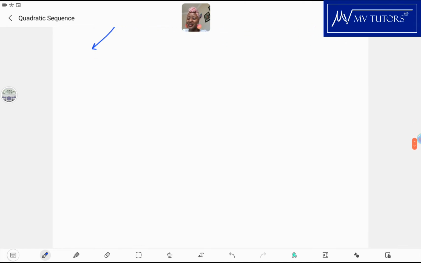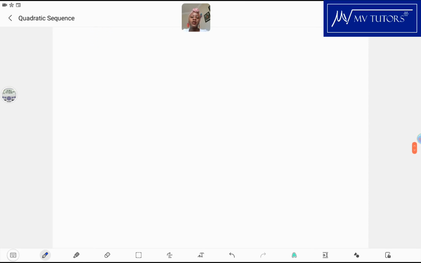pattern or sequence. Okay, and then a practical example. Remember for the arithmetic sequence, I told you that practically it's like when you are stacking something up. So if you were to stack some cards in the form of a 2D pyramid, I'm just going to use a similar example.